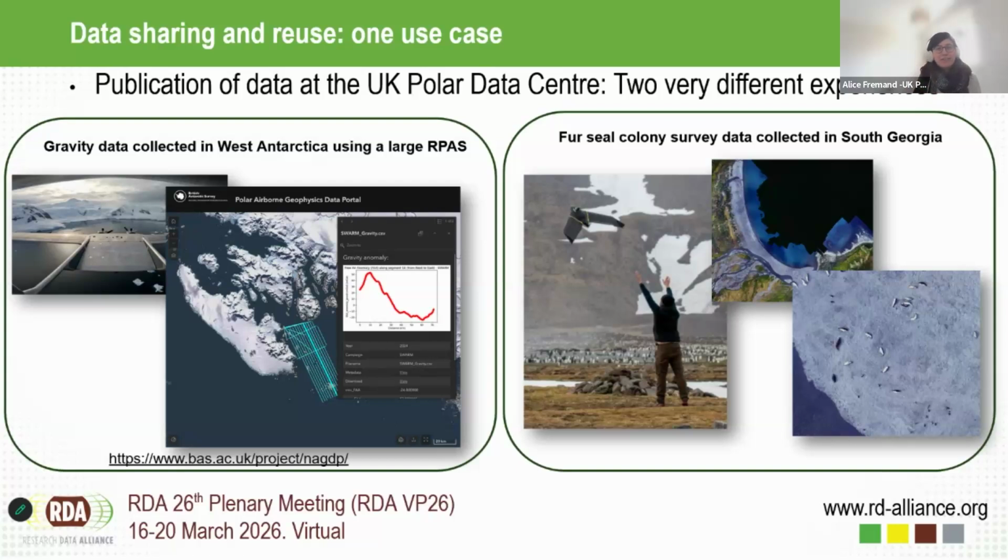While the second example was seal colony survey data that have been collected in South Georgia. This time scientists also used a much smaller fixed-wing drone, as you can see in the image, and they were taking images of seals.